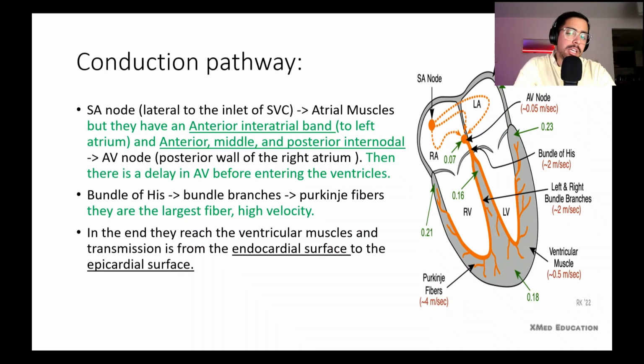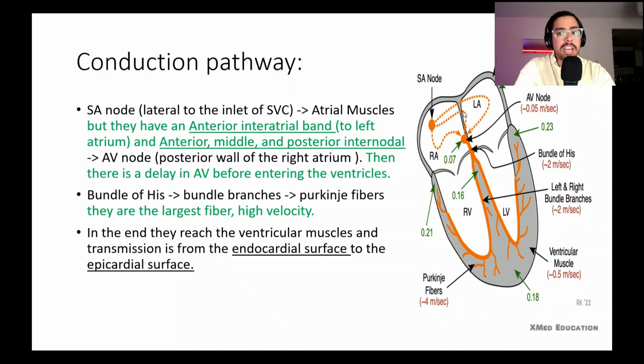Sometimes these pulses go to the myocardium of the atrium, and from the myocardium of the atrium they go to the AV node. But sometimes they can go through these bands that I explained. So if they go through the muscles, the speed is lower. But if they go through these pathways, the speed is higher, because they are specialized for transferring these pulses.